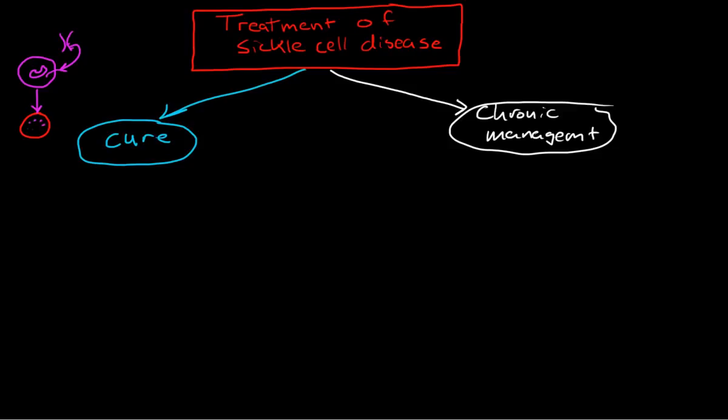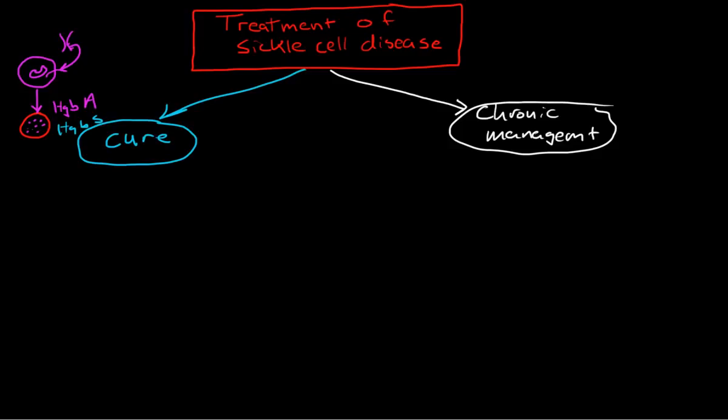So patients with sickle cell disease don't have the normal hemoglobin A, they have a different version called hemoglobin S. Right, and hemoglobin S again is caused by this genetic mutation in the 11th chromosome.